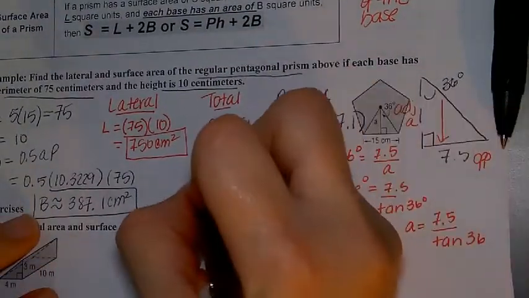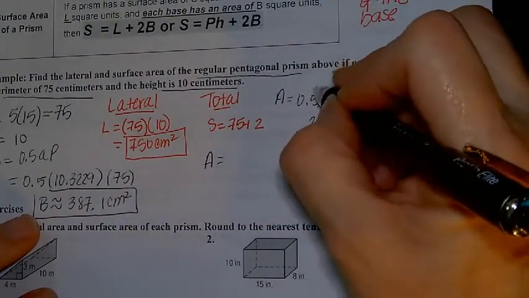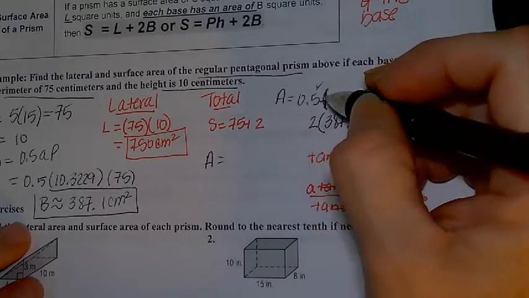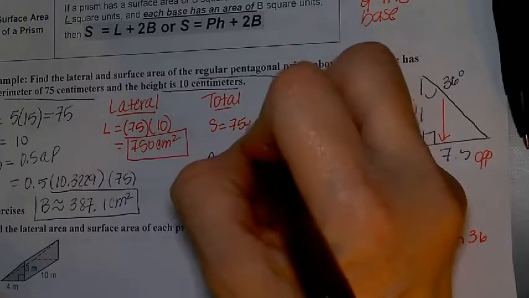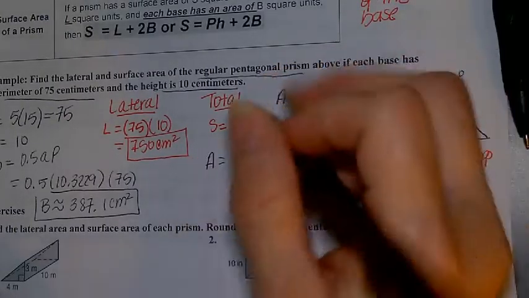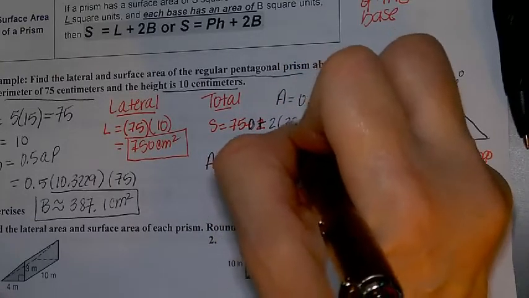And when I calculate all that, I add the 750 times 2 times 387.